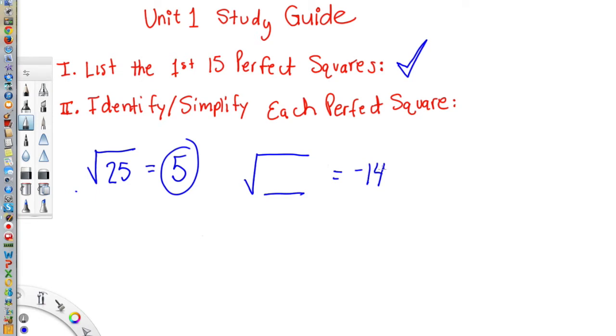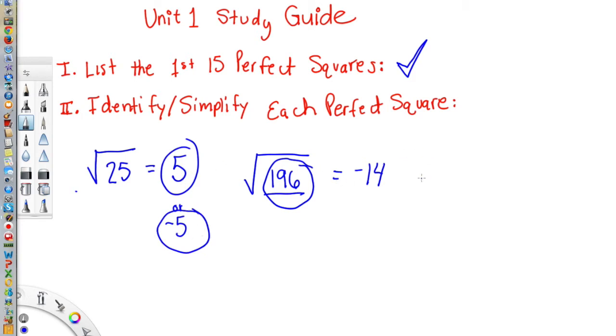Well, I know if I square negative 14, I'll get 196, and that's exactly the answer. And keep in mind, anytime you're finding the square root, technically, there's two answers. For example, the square root of 25 is 5 or negative 5. Okay, but usually we just go with our positive answer.